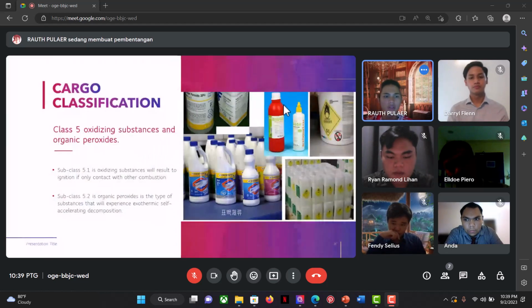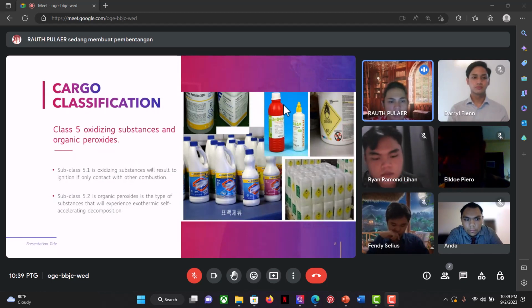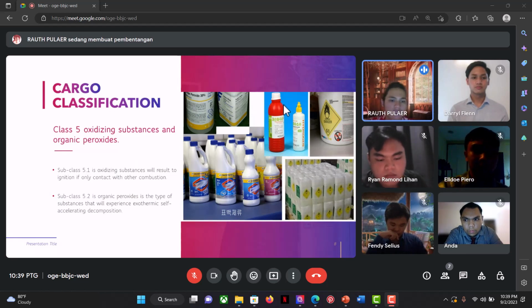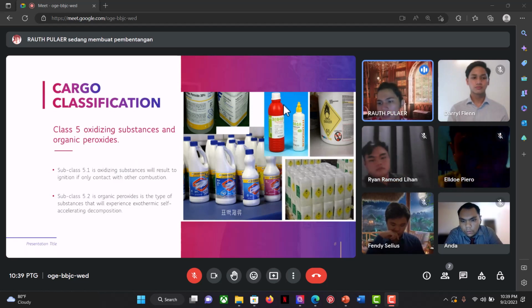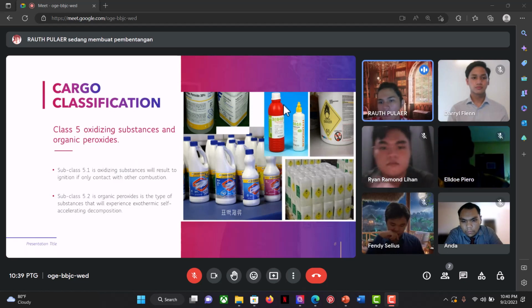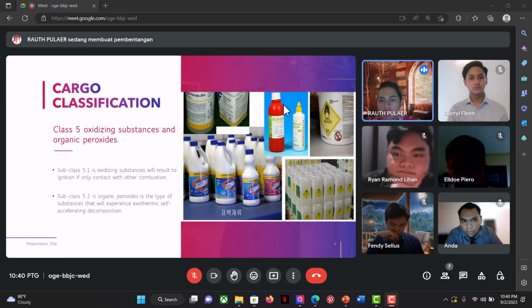Now, moving on, class 5, which is oxidizing substance and organic peroxides. There are two subclasses. For subclass 5.1, oxidizing substance will result in ignition only on contact with other combustibles, heat, or any heating related products or surrounding area.